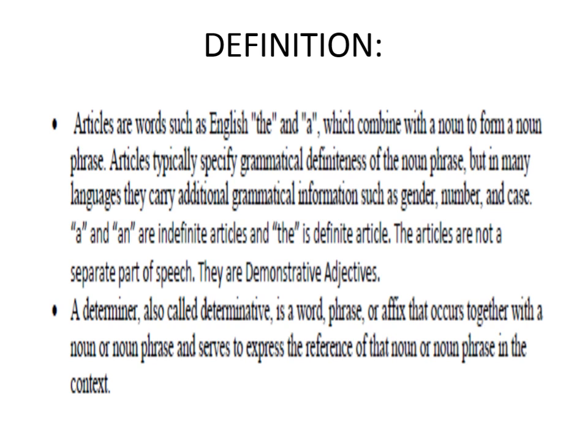What are articles? Articles are words such as, in English, the and a, which combine with a noun to form a noun phrase. Articles typically specify grammatical definiteness of the noun phrase, but in many languages they carry additional grammatical information such as gender, number, and case.